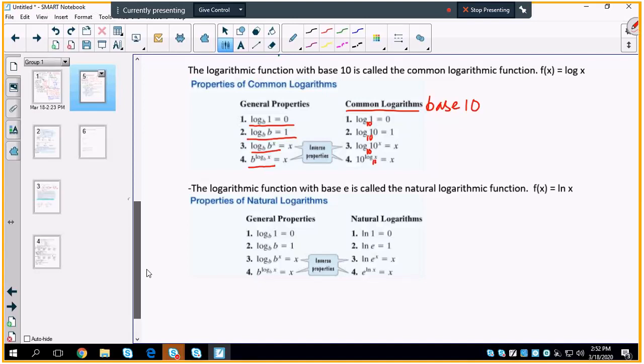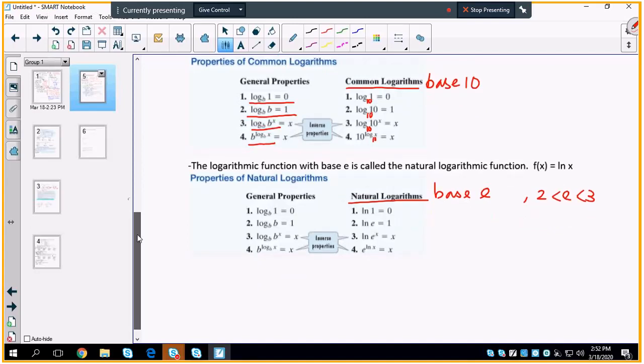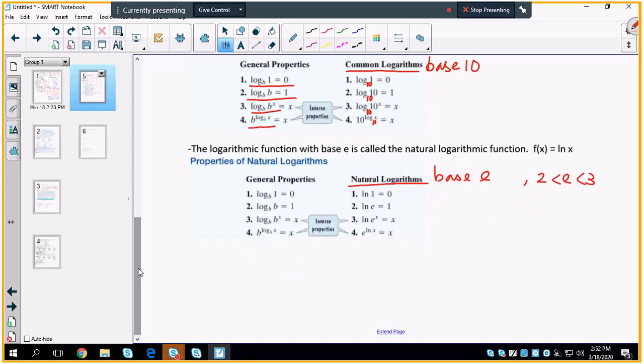Similar properties are true for the logarithmic function with base e. Remember the number between 2 and 3? Those are called natural logs, and hence I use ln. So if I write ln, you know that I'm writing log to the base e. So log of 1 to the base e, which is natural log of 1, must be 0.